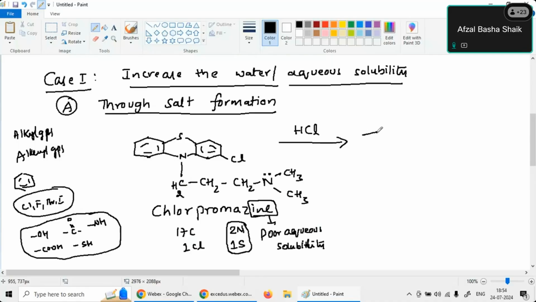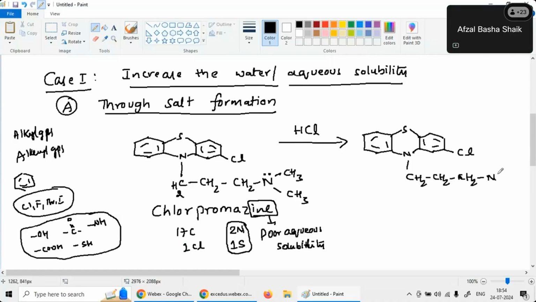This is a base, and whenever it is treated with hydrochloric acid, it results in the formation of chlorpromazine hydrochloride.